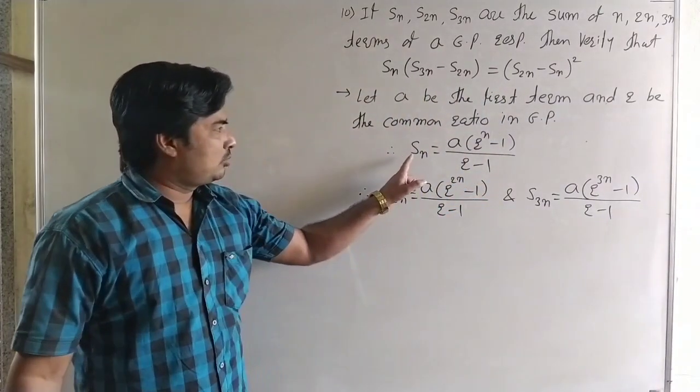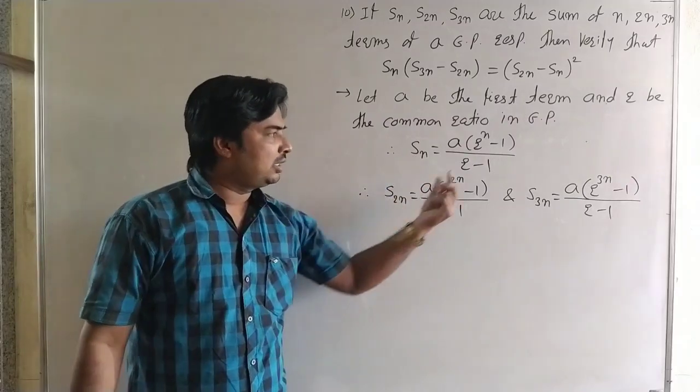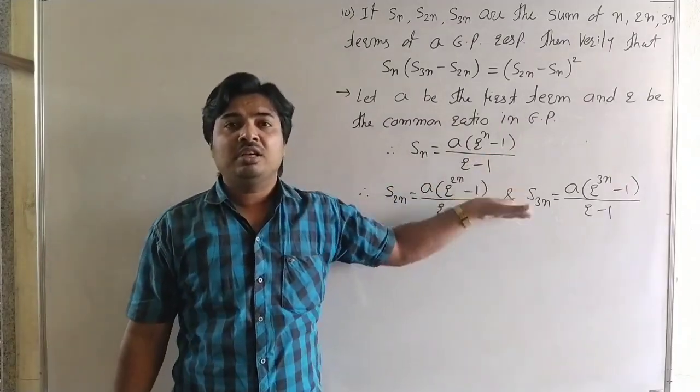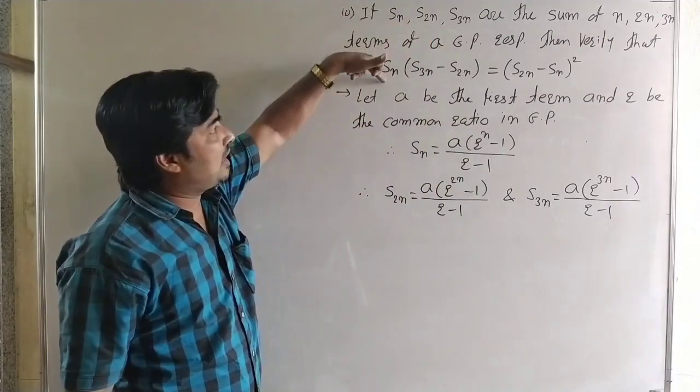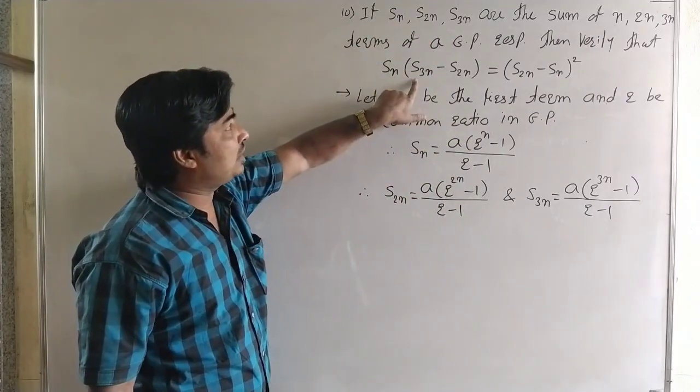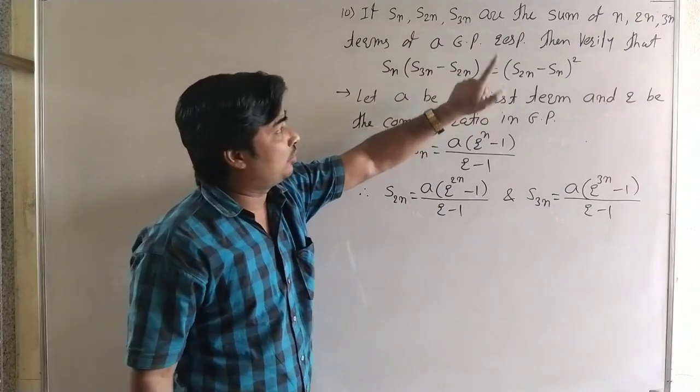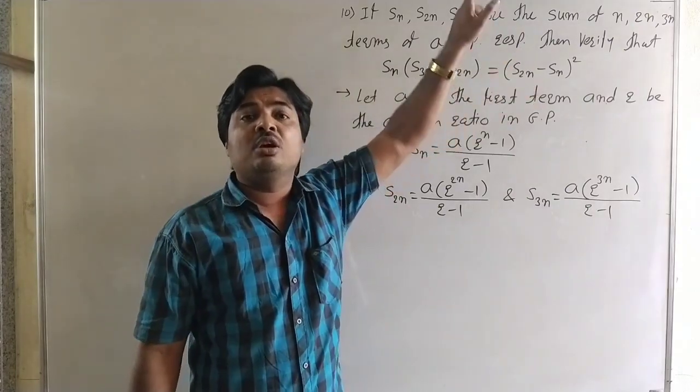It is the sum of the n terms, the sum of 2n terms and the sum of 3n terms. Now we want to verify this expression: Sn into S3n minus S2n is equal to S2n minus Sn whole square.